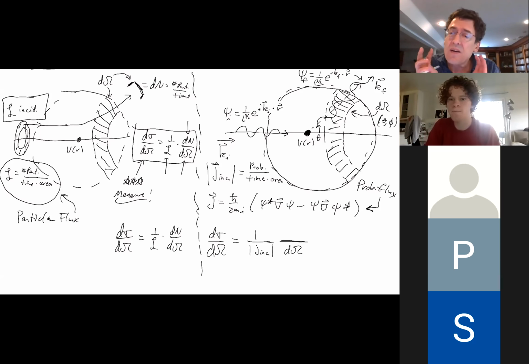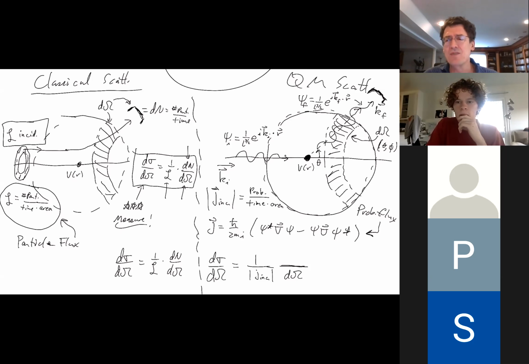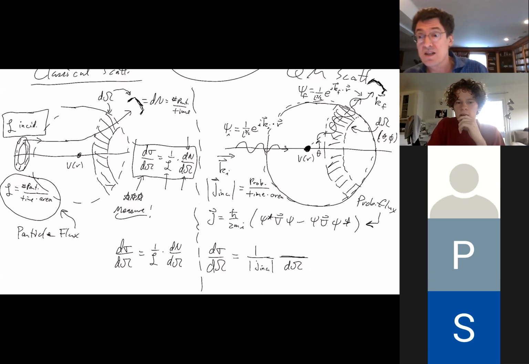Classically, it was the number of particles per time per area going into my detector. Now, quantum mechanically, we can also think in our minds that up here, I have a detector. I'm still detecting stuff. But what is it that I'm detecting in quantum mechanics? What do we measure? What is the detector detecting in quantum mechanics?